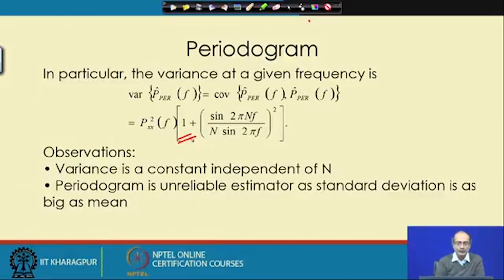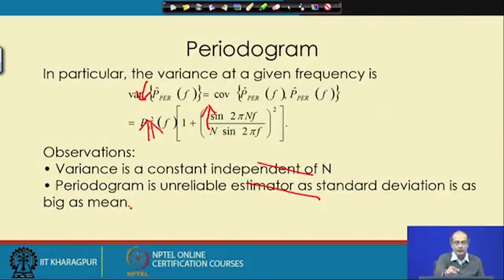Okay. So, what we get, the periodogram is an unreliable estimator, as the standard deviation is as big as the mean.